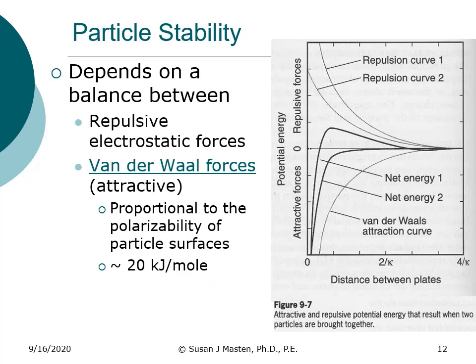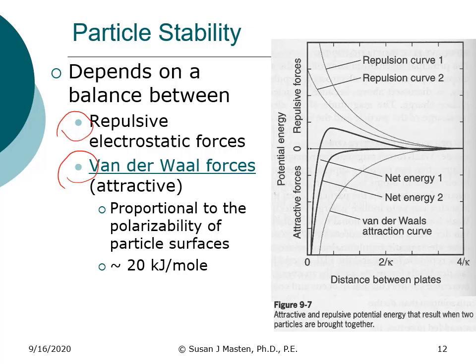So as I mentioned, the DLVO theory looks at a balance between the repulsive electrostatic forces and the attractive van der Waals forces. And we're looking at particle stability depends on a balance between those.